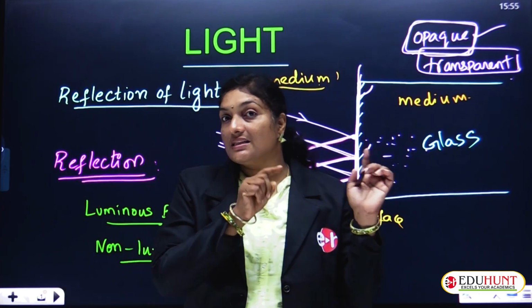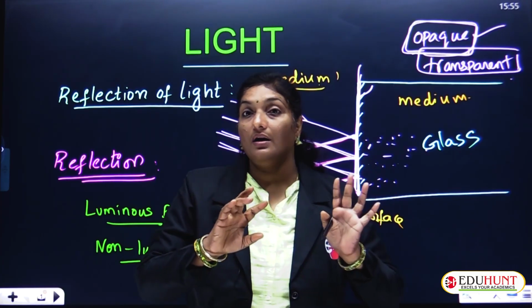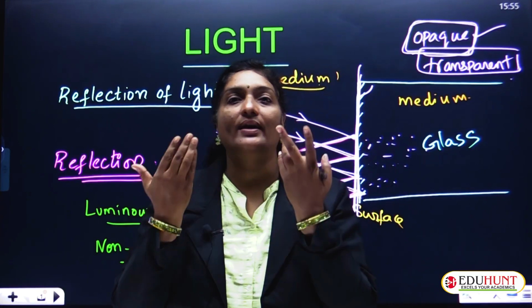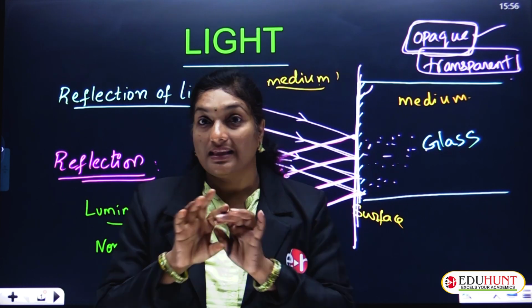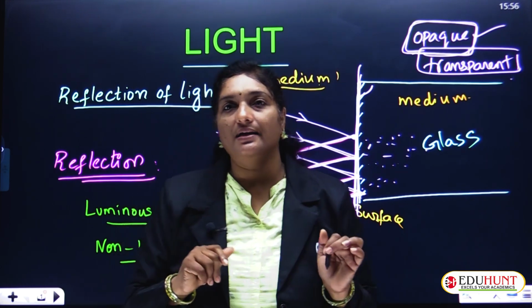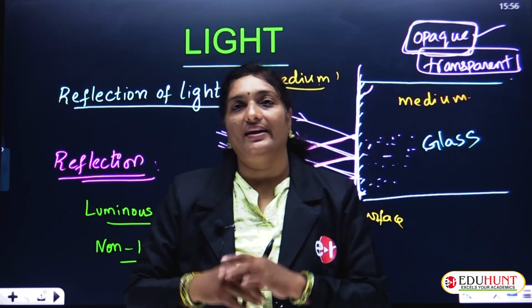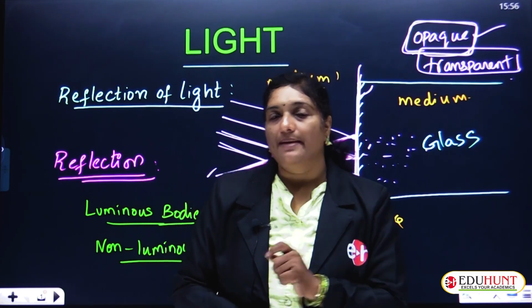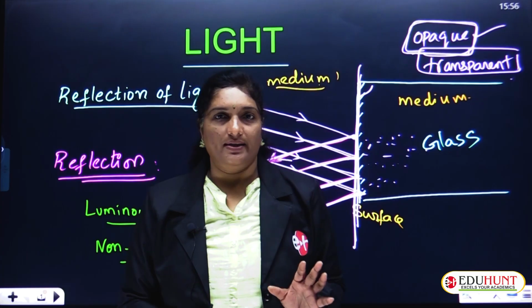So these bodies are all re-reflecting the light falling on them. They themselves are not producing any type of light. They are only reflecting the light falling on them. So these types of bodies are called non-luminous bodies.